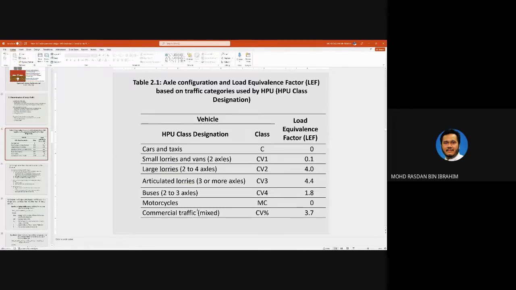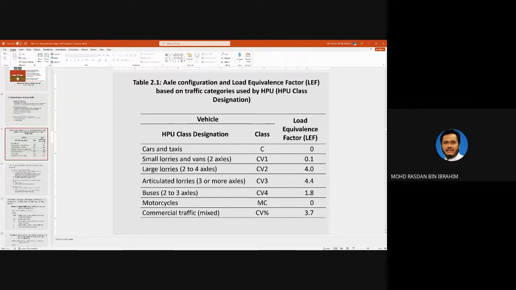And motorcycle also is 0, because it is assumed that the loading from these two classes of vehicles is insignificant, very small. And then small lorries, you can see the LEF here is 0.1, and articulated lorries, the load equivalent factor is the highest at 4.4. 4.4 lah.